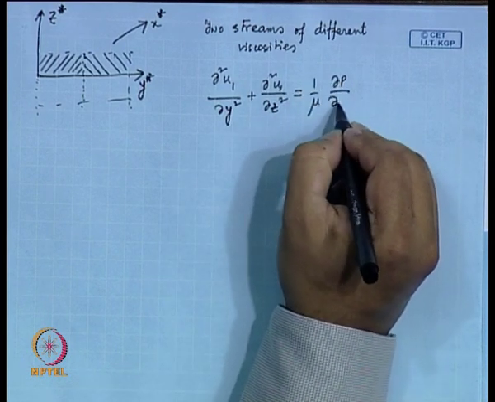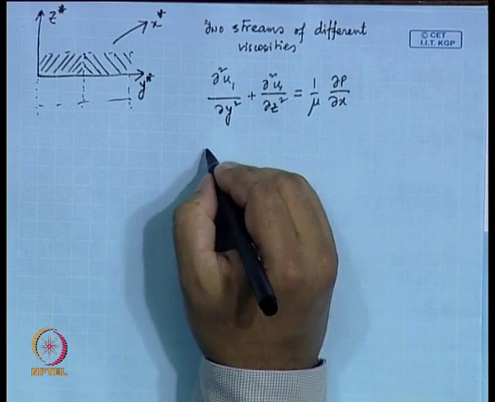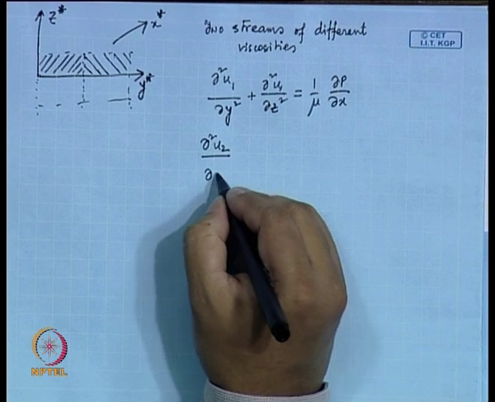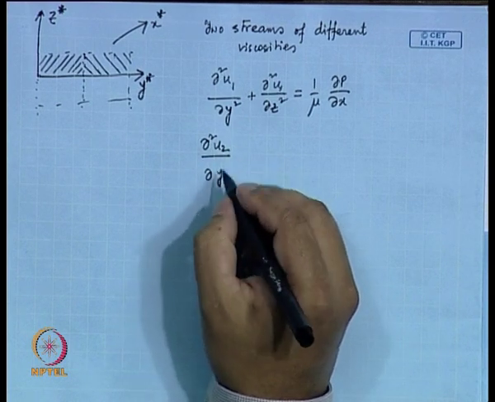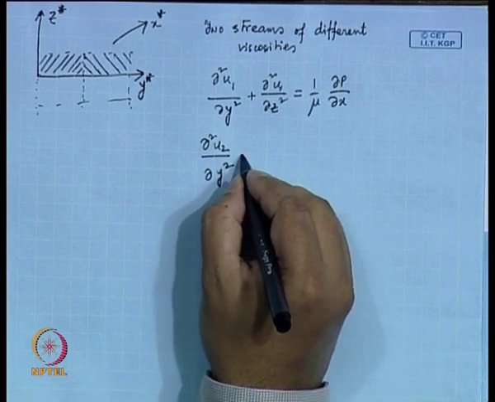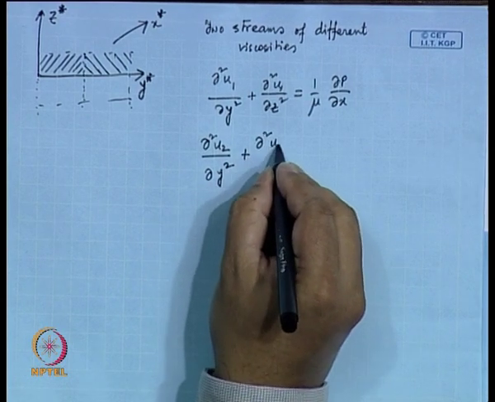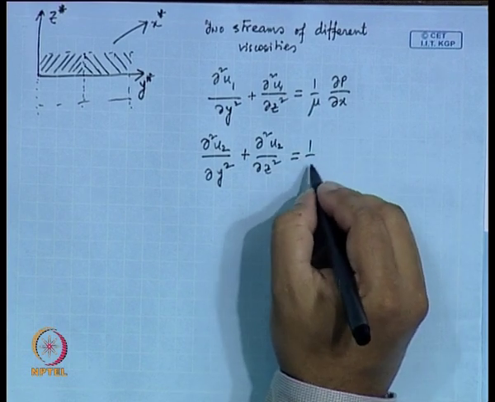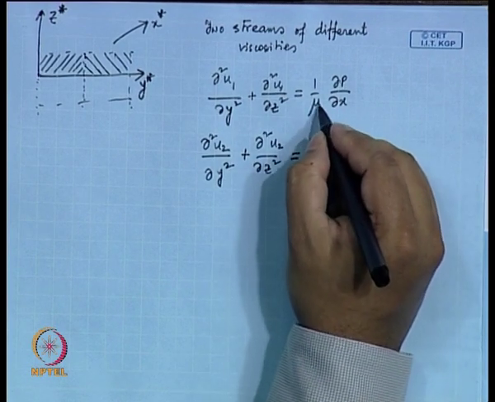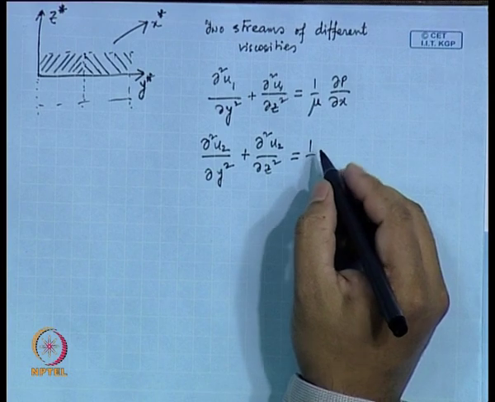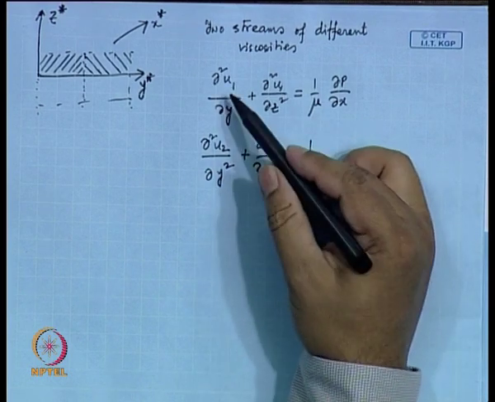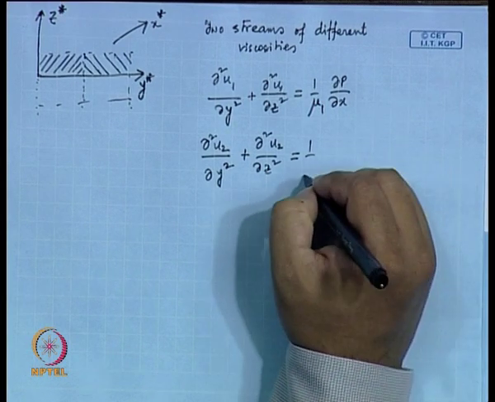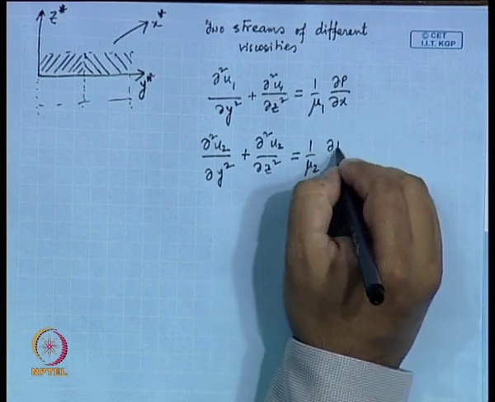is equal to 1 by mu 1 del p del x. Okay, and the other one is del square u 2 del y square plus del square u 2 del z square is equal to 1 by mu 2 del p del x.